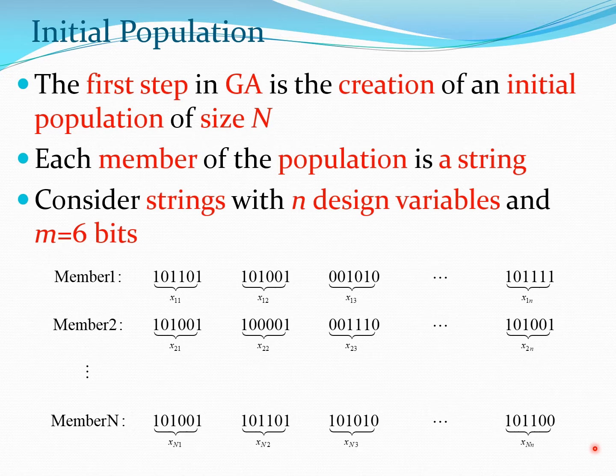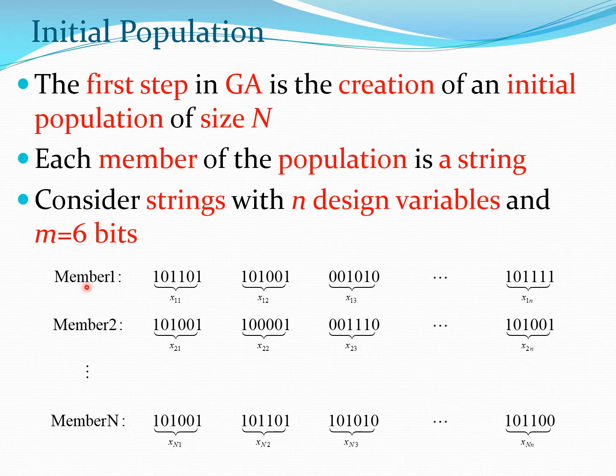Now the first step in a genetic algorithm is the creation of a starting population. So let us look at n number of points. Here you have member 1, member 2 all the way to member capital N, and these are the n constituents of a population.